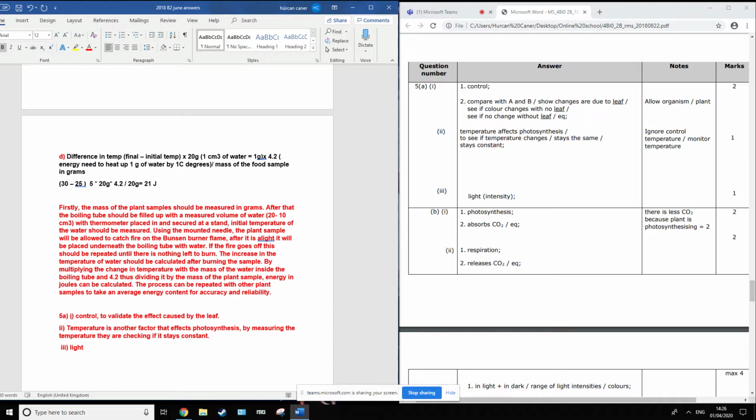Because it doesn't depend on anything else. It does. Some other stuff depends on it. Rate of photosynthesis depends on the light intensity, and you are controlling light intensity. So your independent variable is light, or light intensity. Okay.